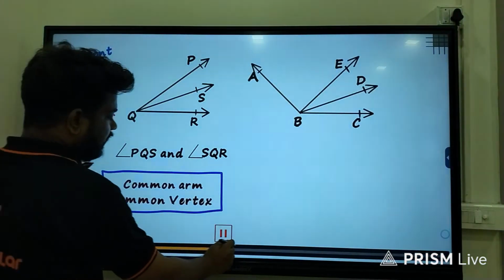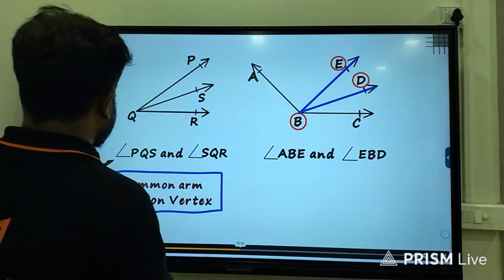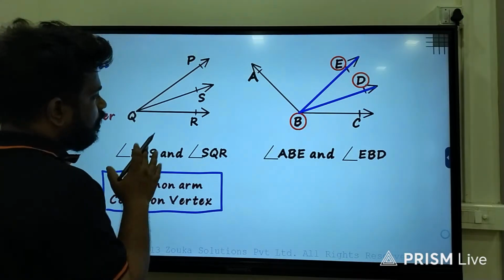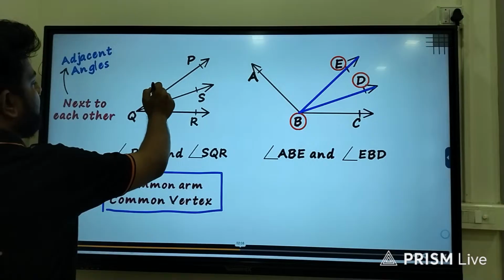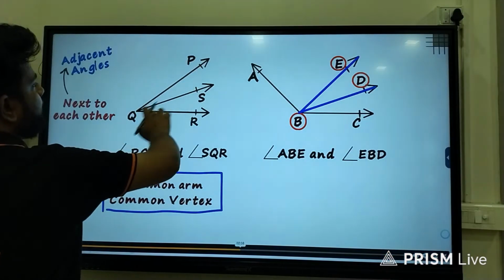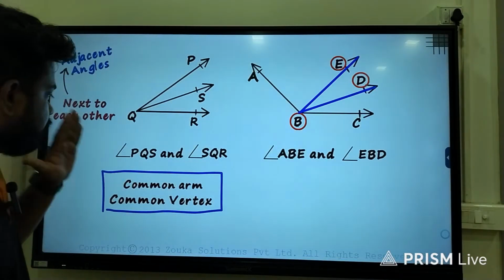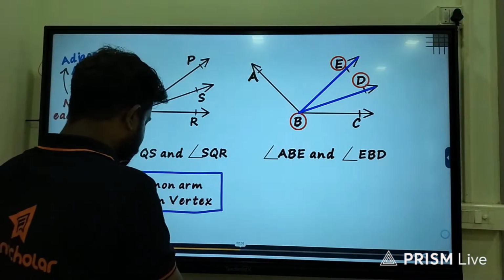Okay, so all the discussion about adjacent angles has been completed. What we have learned is that adjacent angles must have a common arm and a common vertex. Like PQS and SQR will be a perfect example of adjacent angles.